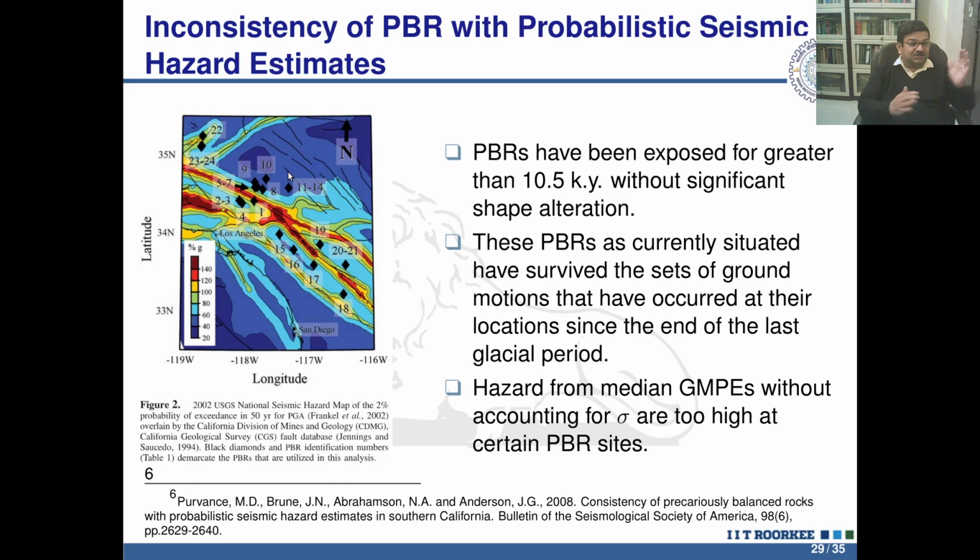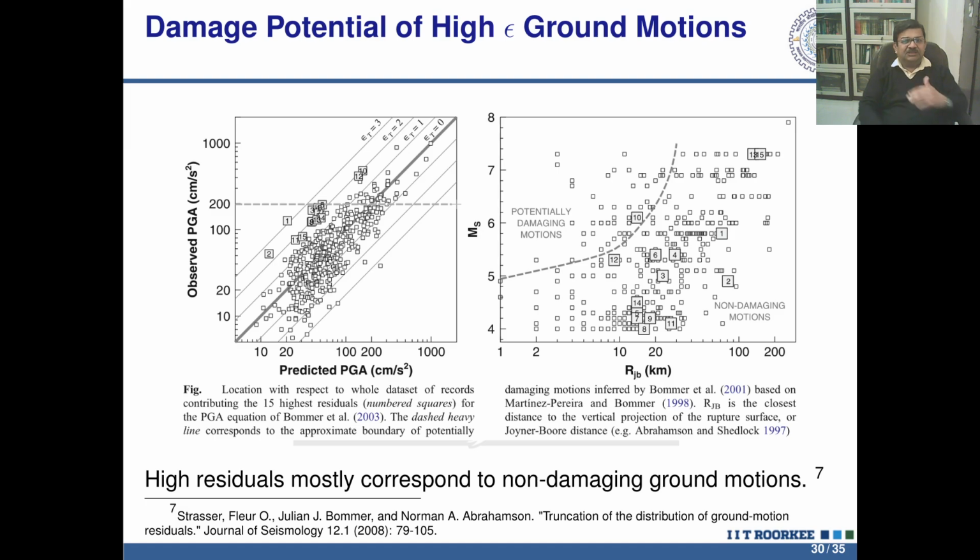And that is because the median itself is shifted up because of those outliers, which are stray points which have no damage potential. And we'll look at that. I mean, this also was studied, damage potential.